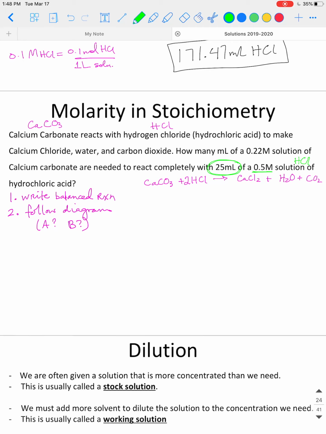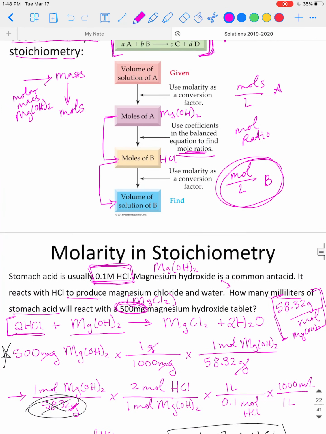Because we're given the volume of hydrochloric acid, this is substance A. So substance A is HCl, and substance B is the one we're trying to find. It says how many milliliters of calcium carbonate, so substance B is calcium carbonate. That is going to help us follow the diagram.